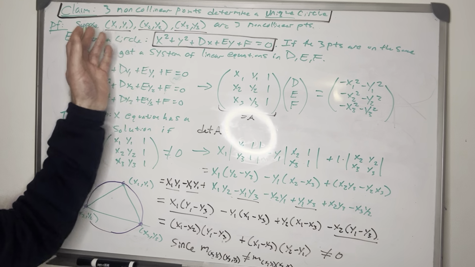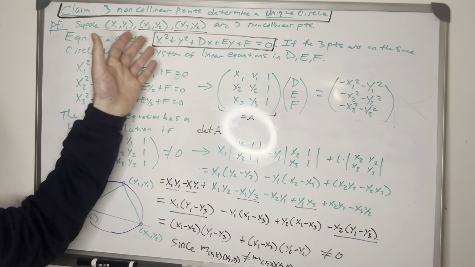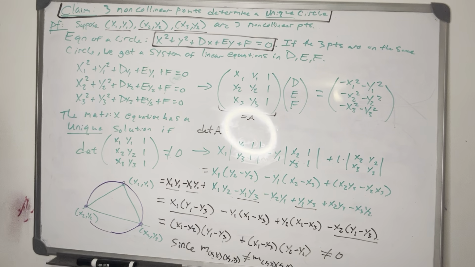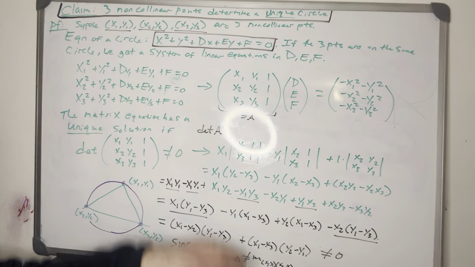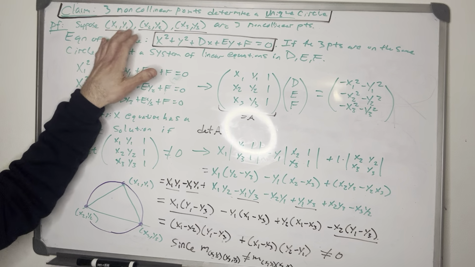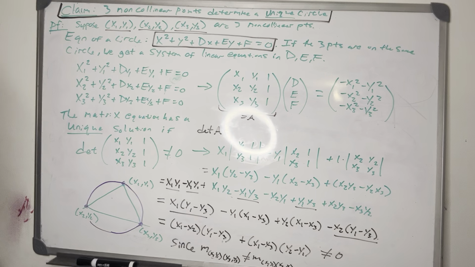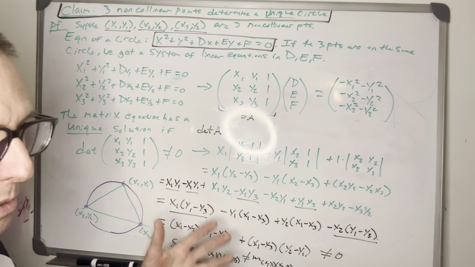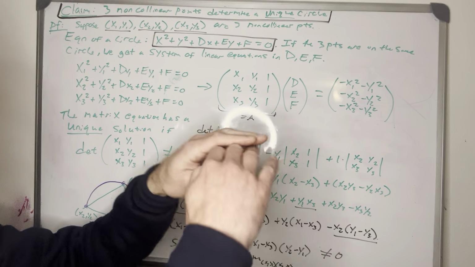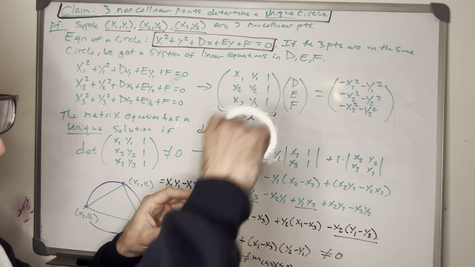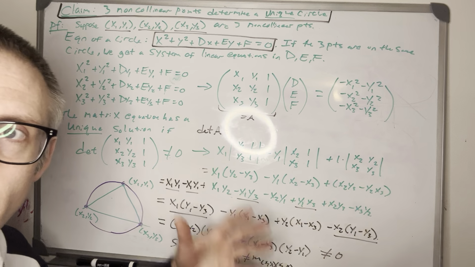So first, to show that there's a unique circle that contains these three noncollinear points, you start with your three points. Just pick x1, y1, x2, y2, x3, y3. So you have three points in the plane, and they're noncollinear, so they don't all lie on a single line. They form a triangle, is how you can think of it.